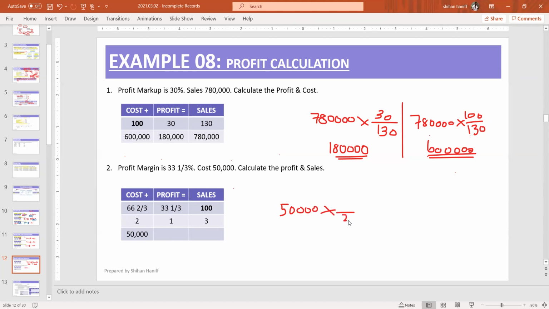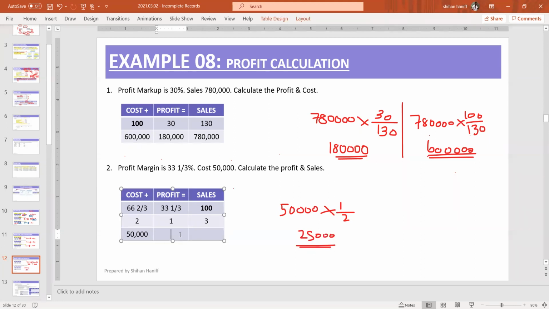Divide by 2, multiply by 1, which is 25,000. Sales is 75,000. Is it clear for everyone?